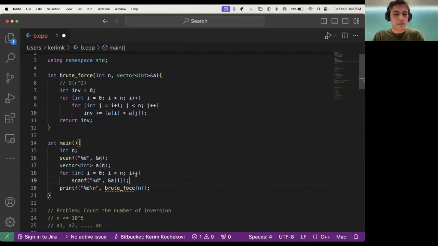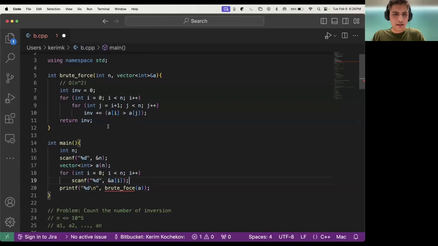Hopefully this makes sense on your side. It's not a hard thing to learn, but we can see that the input output of C++ is a little bit heavy. So when solving problems and submitting to online judges, it might be effective to use the C implementation of input and output.